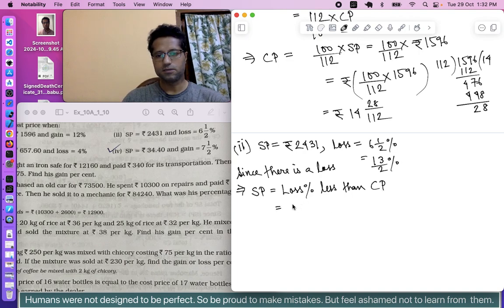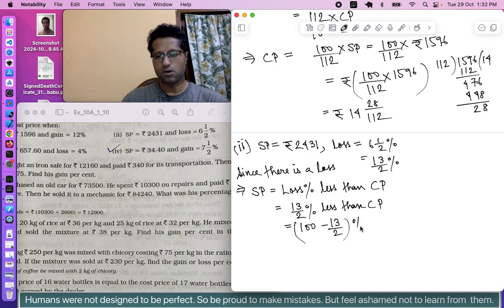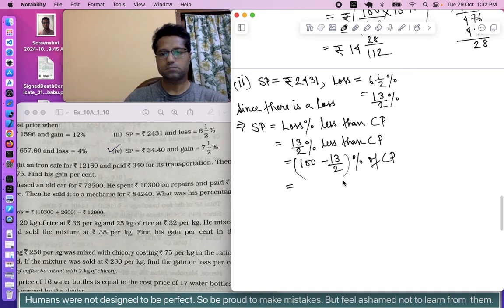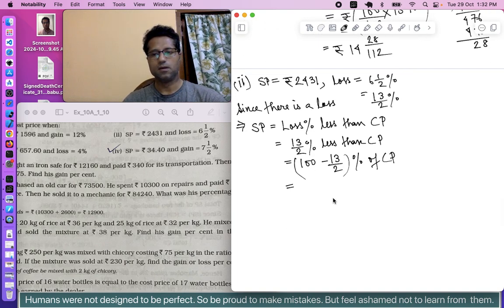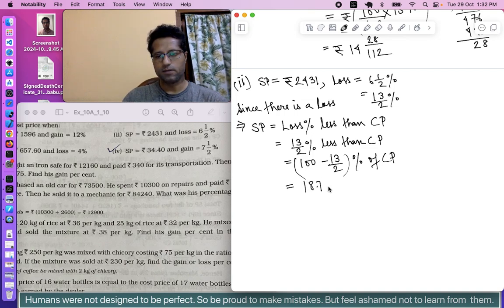Loss percent is 13 by 2. So selling price is 13 by 2% less than CP. Now what is 13 by 2% less? It is 100 minus 13 by 2% of CP. If you simplify 100 minus 13 by 2, it will be 187 by 2% of CP.